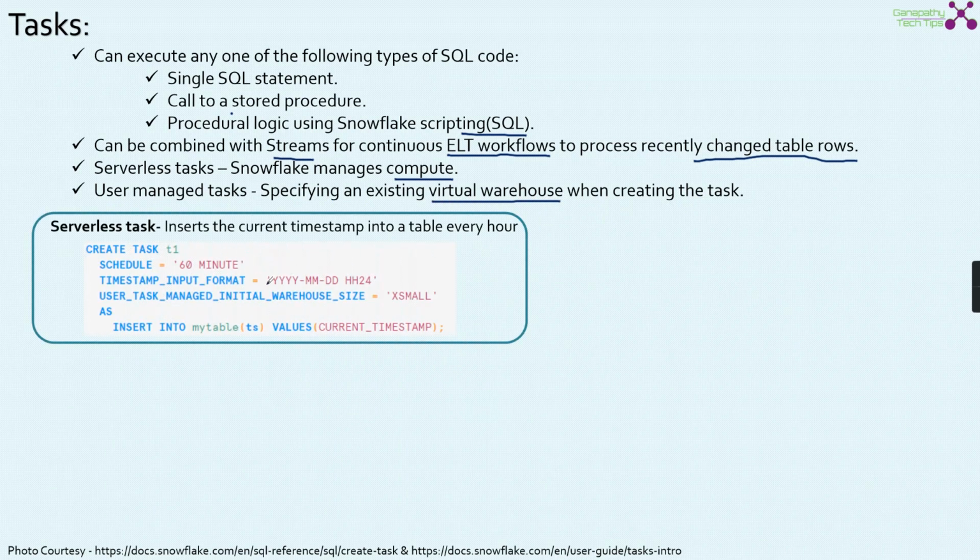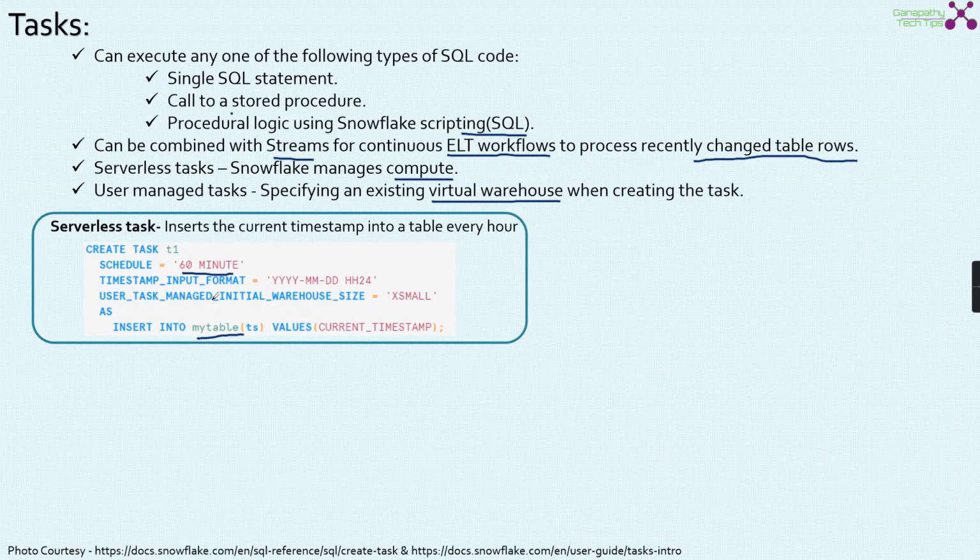Now we can see this in more detail using SQL statements. Here is the example for the serverless task. The task T1, which is supposed to run every 60 minutes, is going to insert into the table my_table the values of current timestamp. So every 60 minutes, whatever the current timestamp is will be inserted into this table.